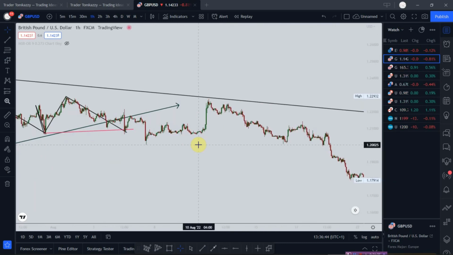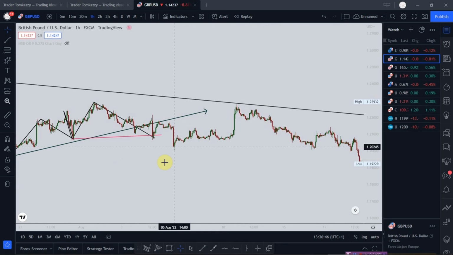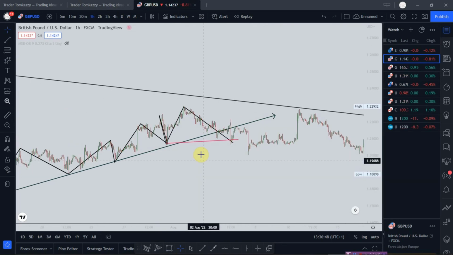Have you seen? So it went, but it was not able to break the previous higher high. This is where most people normally get it wrong. This is the previous higher high, and this high that formed here couldn't break that higher high. Okay, but then it forms a lower low here because it is lower than the previous one.